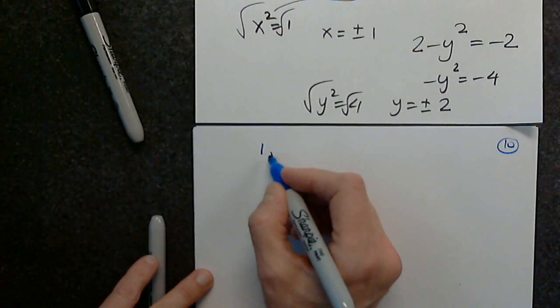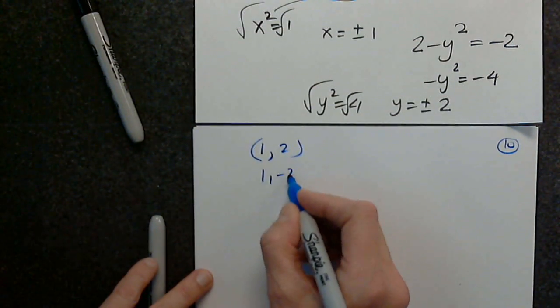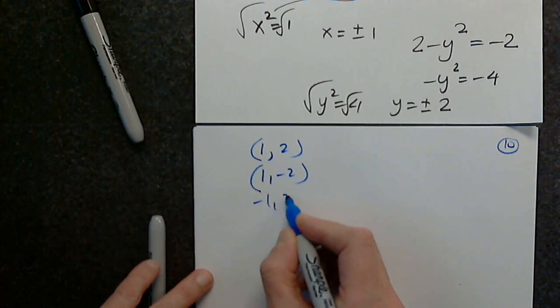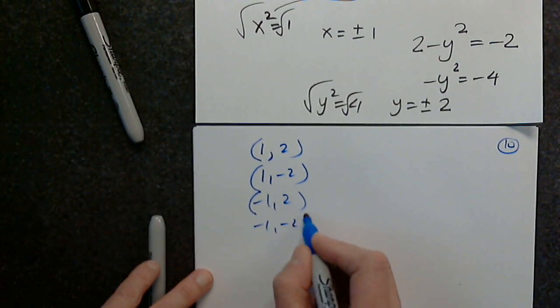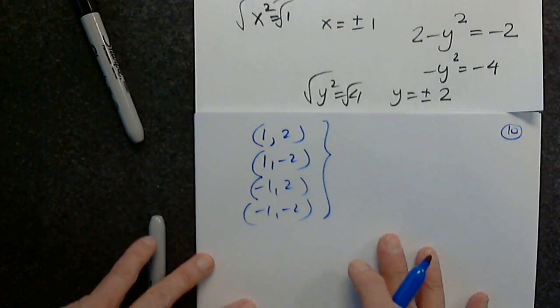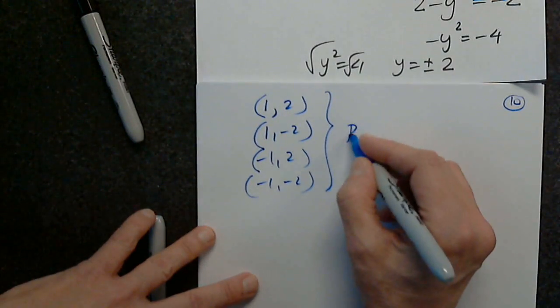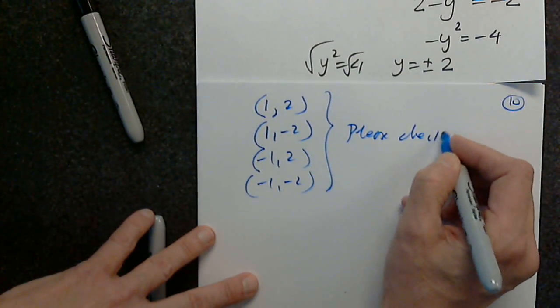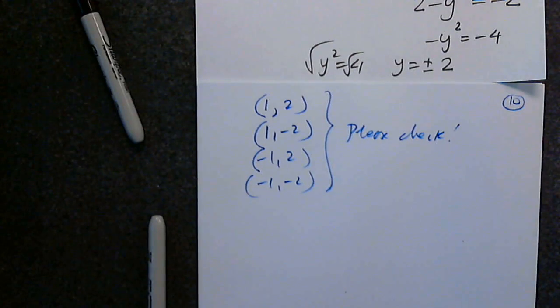So 1, 2; 1, negative 2; negative 1, 2; and negative 1, negative 2. All will work. And please check. They will all work in the original problem.